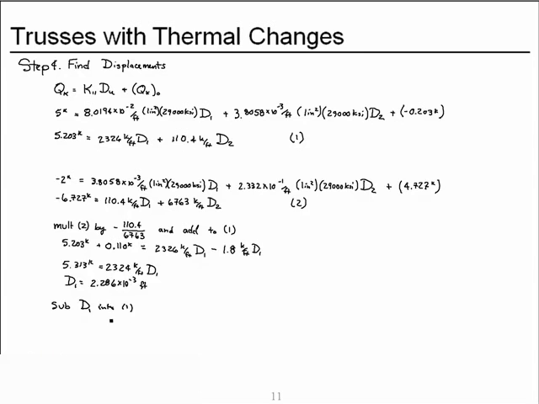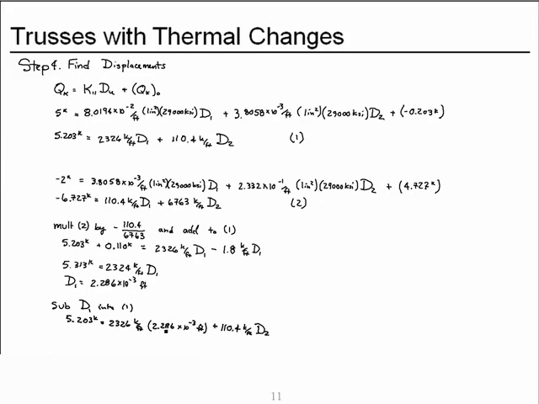When we do that, we have a 5.203 kips equals 2326 kips per foot times 2.286 times 10 to the minus 3 feet plus 110.4 kips per foot times d2.